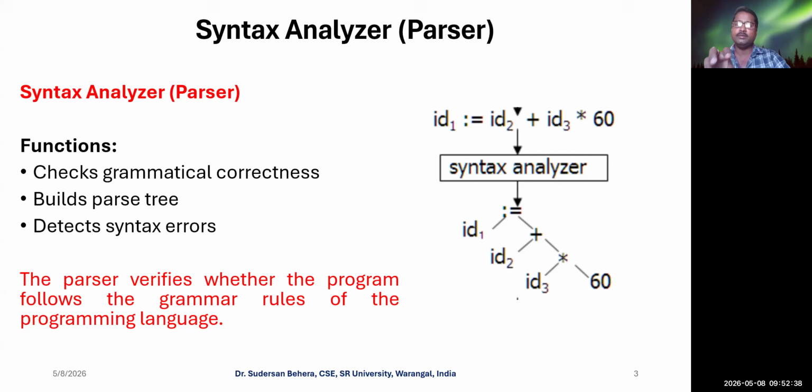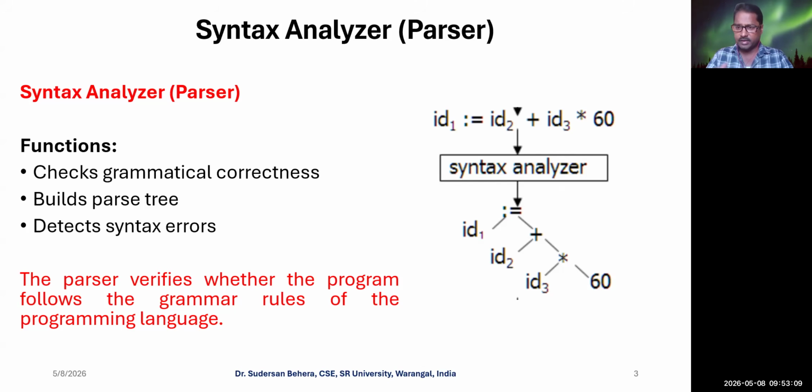Next, what is the third phase? This parse tree is passed as an input to the third phase of the compiler. Okay, what we have seen: first, the lexical analyzer produces the tokens and stores them in the symbol table. And the syntax analyzer collects the tokens from the symbol table and imposes a grammatical structure on them, the predefined grammar, which checks the syntactical validity of the sentence.